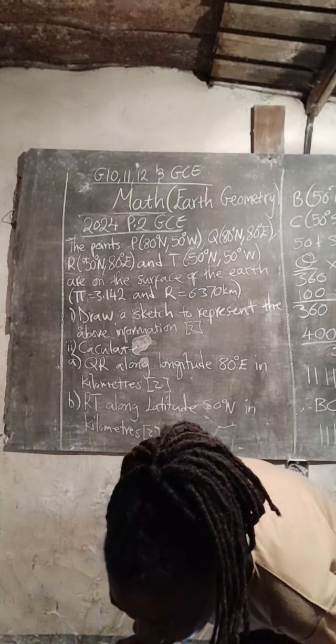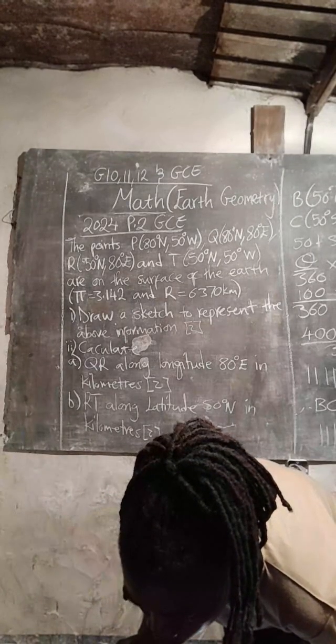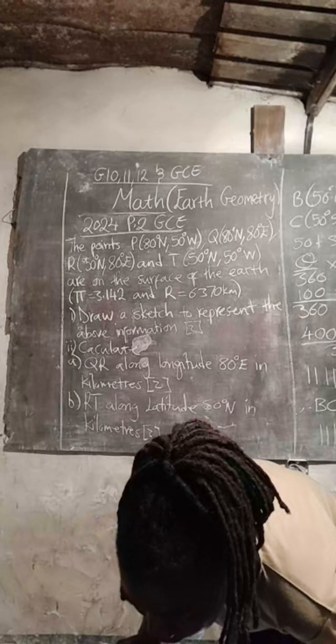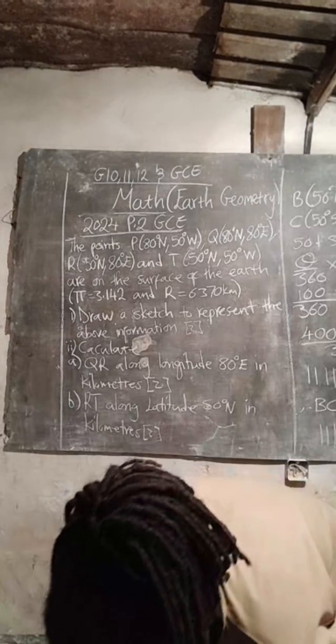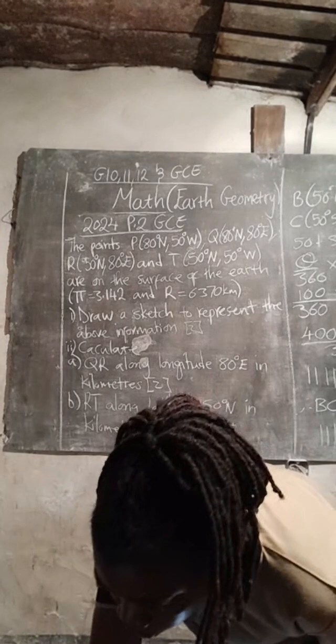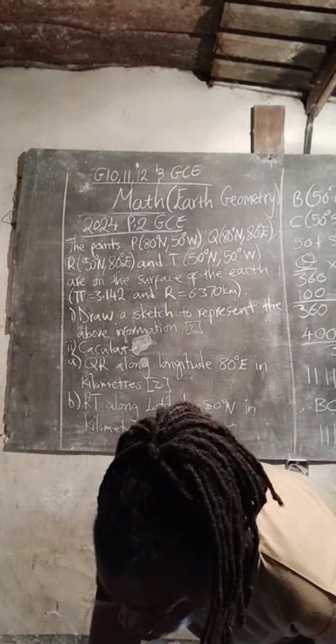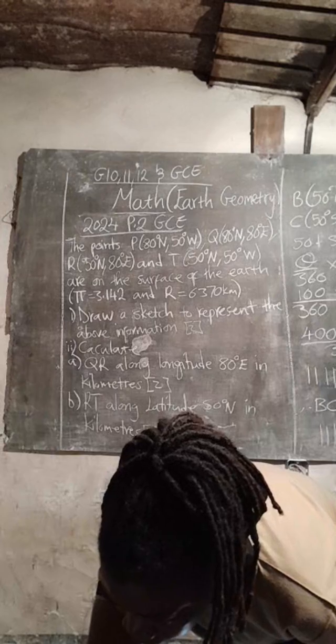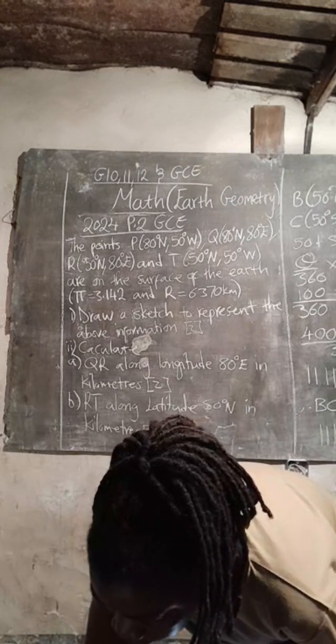Are you there? Okay. I don't understand your language. You can't round off to less than 5. Wow.